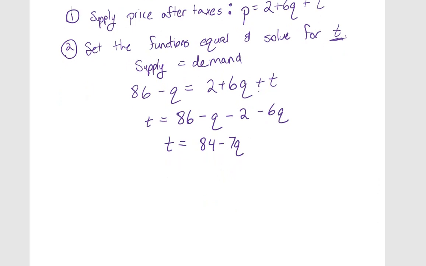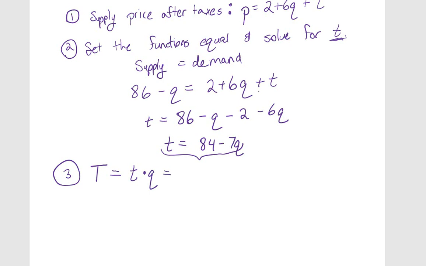The third step is that we want to write a function for the total tax revenue. So that's going to be a big T. Now, the total tax revenue is that we're going to take the taxes we make per item times the amount of items we sell. So that's going to be T, the tax, times how many items we sell.